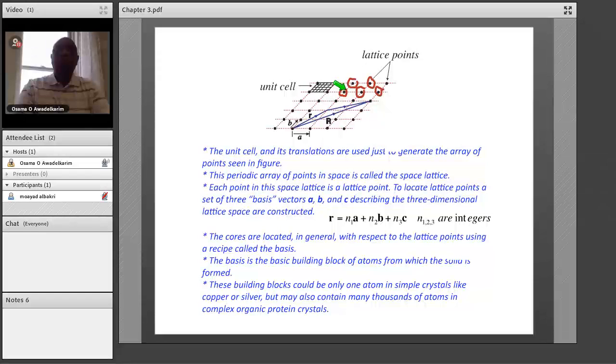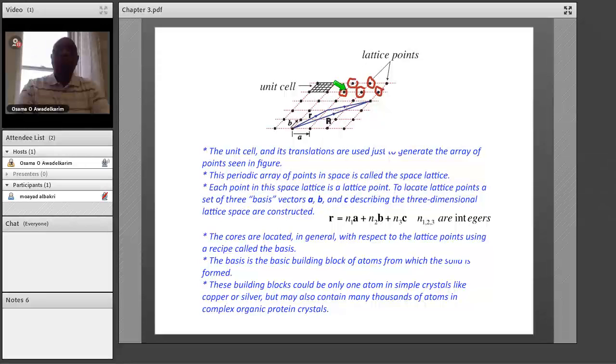In some polymers, you could have hundreds of atoms for one core, because in a polymer, a molecule can be made up of so many carbon, hydrogen and oxygen atoms, etc. So we can have so many atoms forming this core.